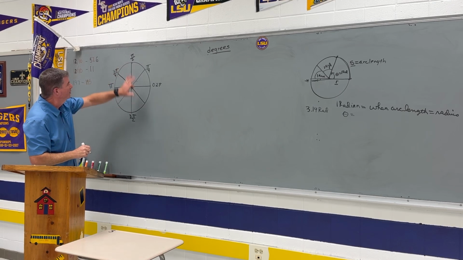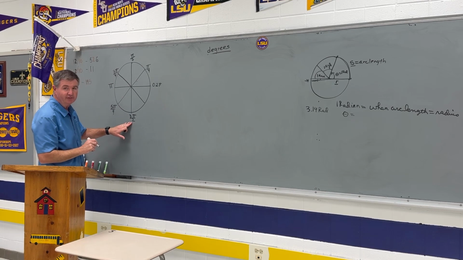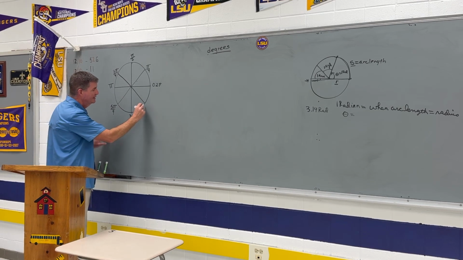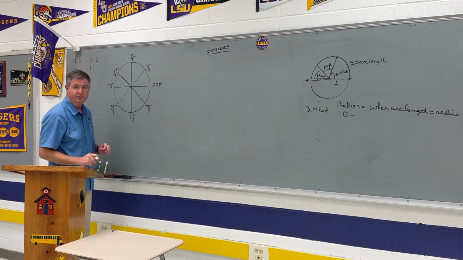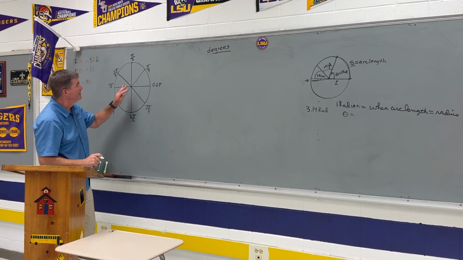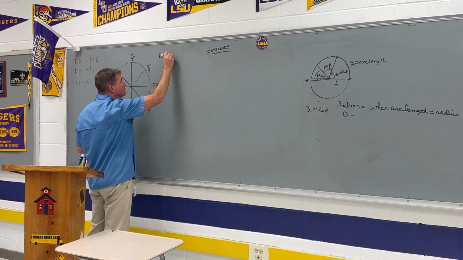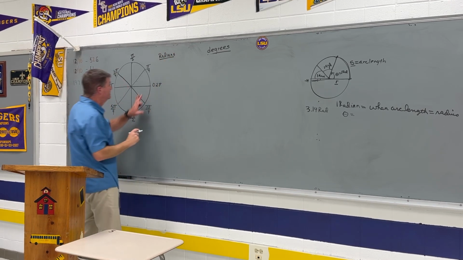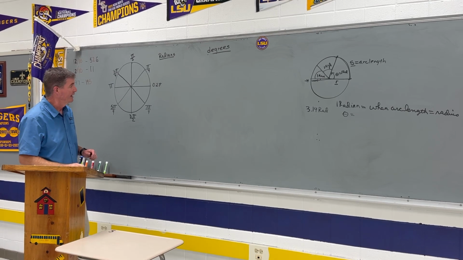Continuing in the 1/4 increments, this would be 5 pi over 4. This would be 6 pi over 4, which is 3 pi over 2. 7 pi over 4, and then 8 pi over 4, which is 2 pi. So this would be the unit circle in radians if it's divided in the same angles as the 45-degree angles.